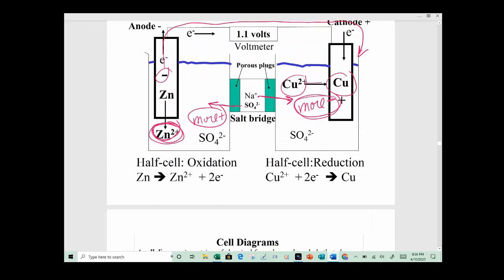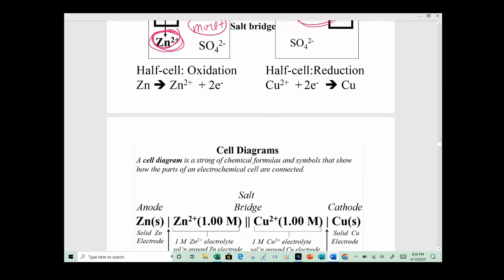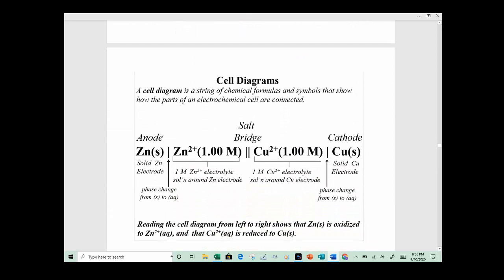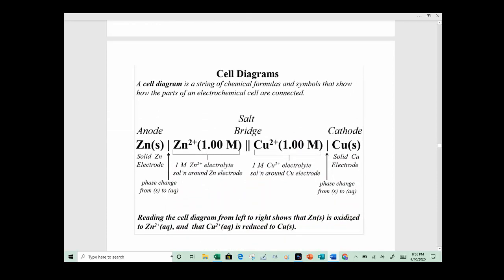So with that cell that I've shown here, instead of drawing a picture, there's a shorthand way of drawing a schematic for that cell. It's called a cell diagram. We go with anode on the left side and cathode on the right side. So zinc in a solid state is our anode. It's separated by a metal to aqueous phase boundary, a single line.